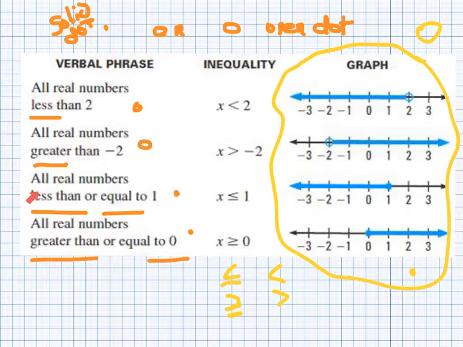If we had all real numbers less than or equal to 1, our inequality would be x is less than or equal to 1, and you can see it's a closed dot going this way. All real numbers greater than or equal to 0: x is greater than or equal to 0, closed dot, and the line goes that way.